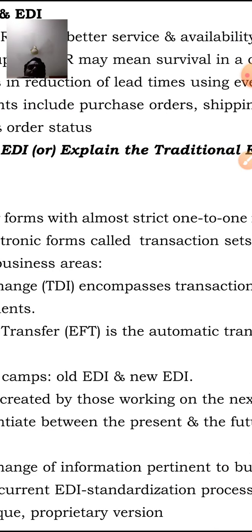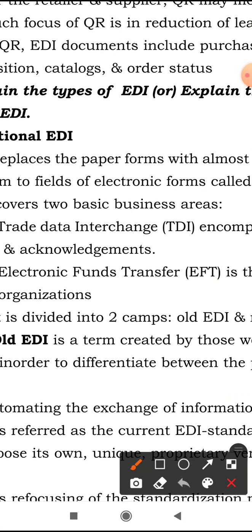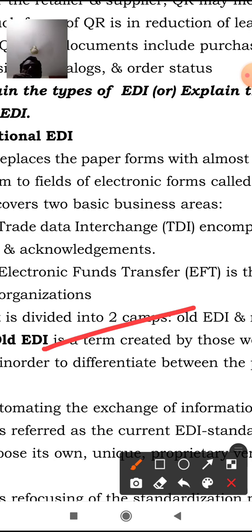Versions means the software is always changing according to the requirements of the users, or the software companies are delivering different versions of the same software. So what are the different versions of EDI available in the market? That is also called the types of EDI.